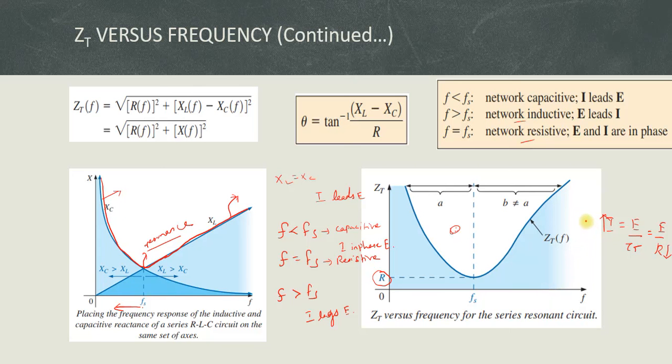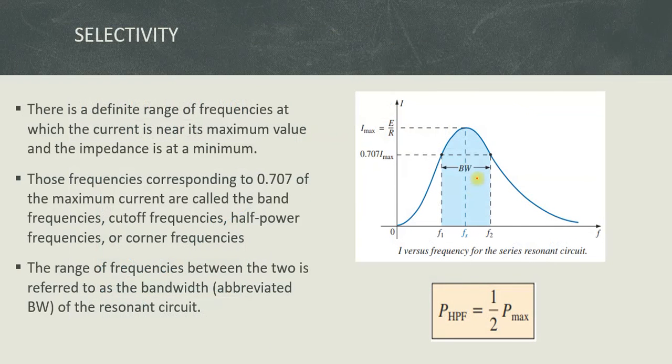Okay, so now you see this graph. At resonant condition my current is at maximum value and my impedance is at minimum value. So that is given in the point.